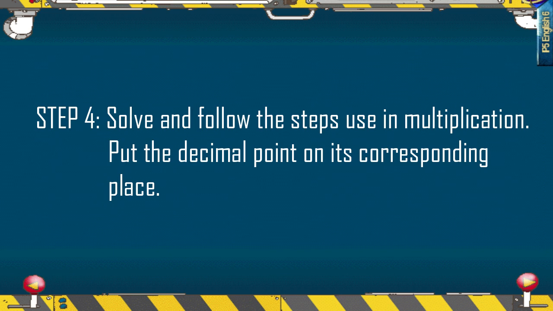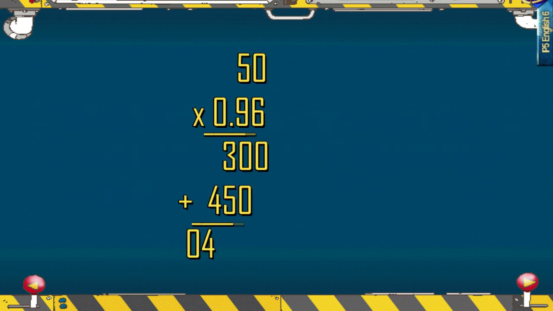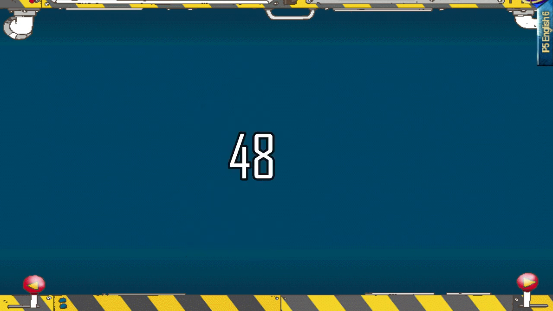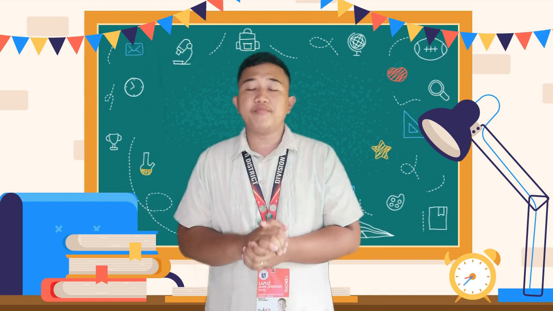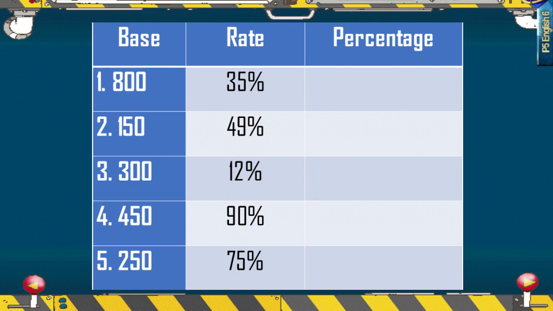Put the decimal point on its corresponding place. Our answer will be 48. 48 is the number of correct items Vincent got out of the 50-item test. Now, complete the table below by finding the percentage.